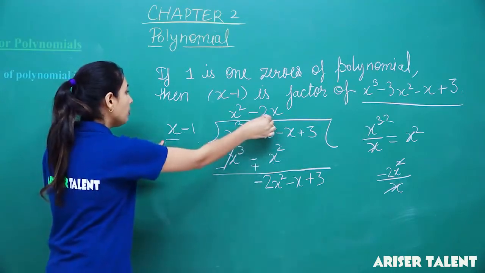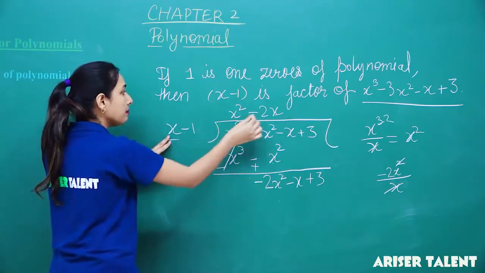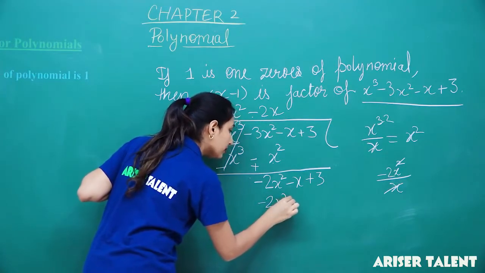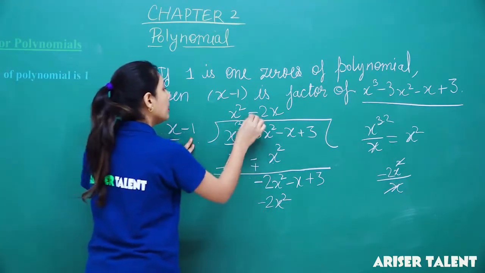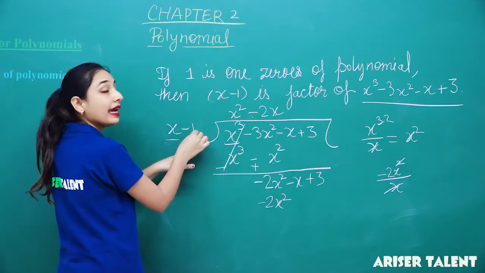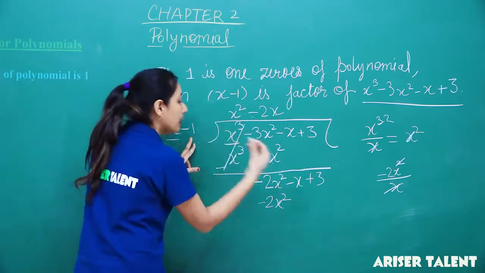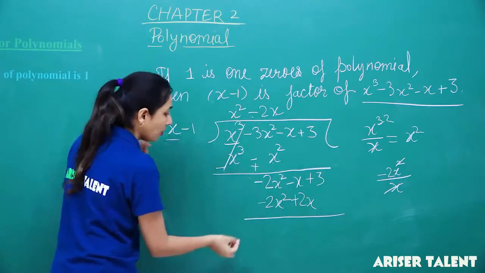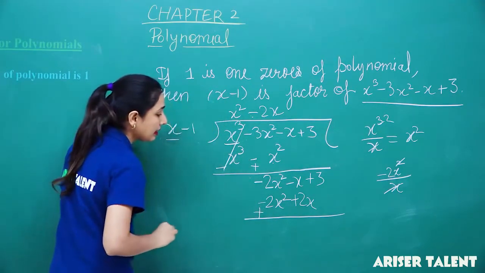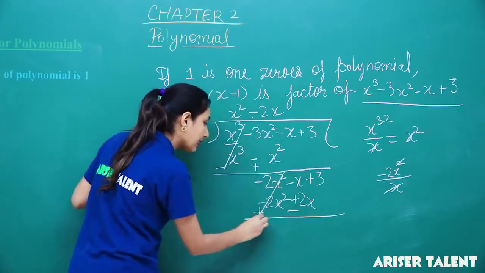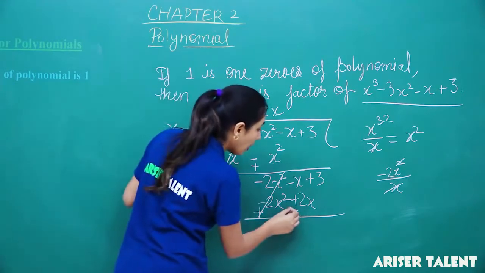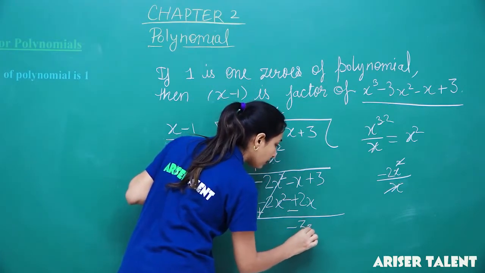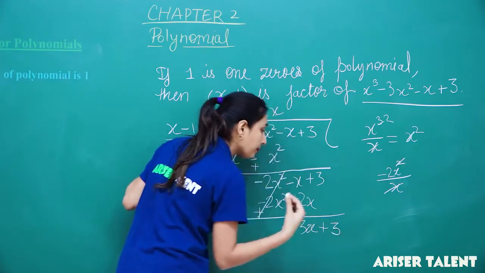Now multiply: minus 2x times x is minus 2x square, then minus 2x times minus 1 is plus 2x. Now you change signs, and that cancels out. Now minus x minus 2x will give you minus 3x plus 3.